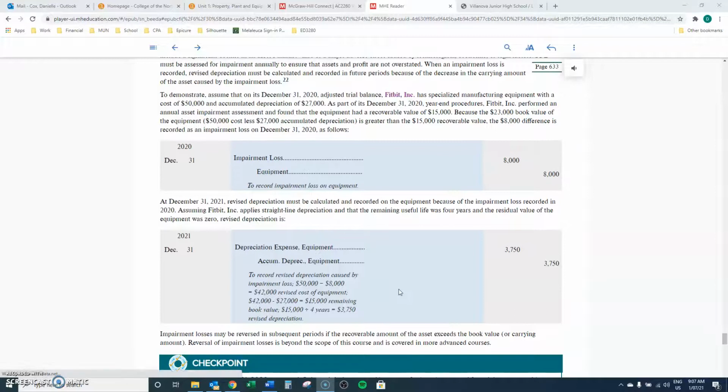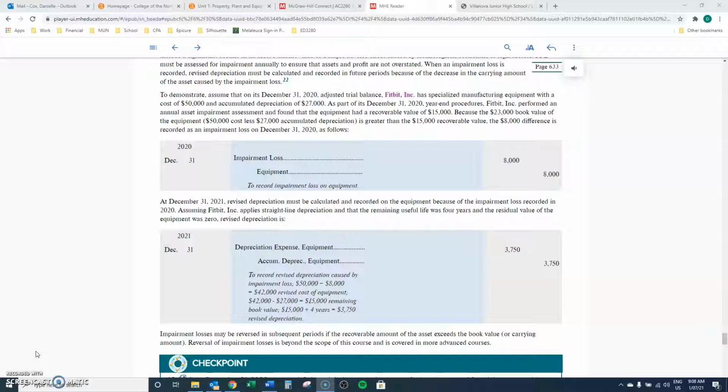Impairment is if the book value, you're comparing it to, what's the word I'm looking for? The amount that you would get, the market value, for example. So if the book value that you have, you compare it, and the word I was trying to come up with was recoverable amount.